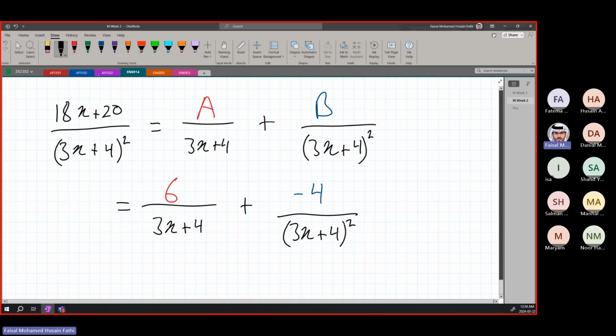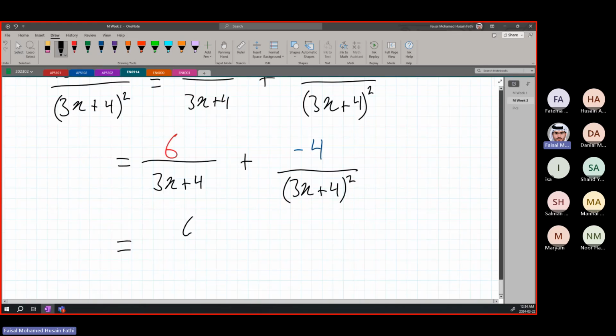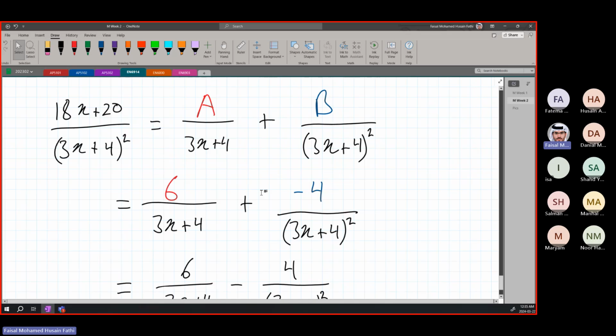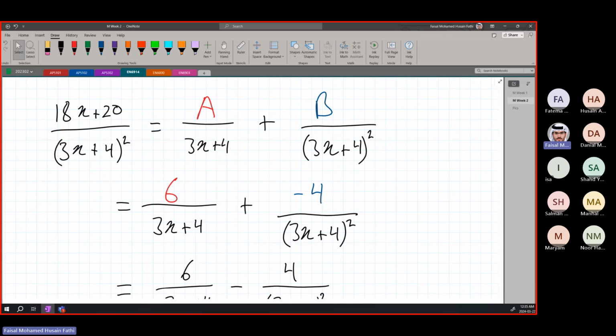Of course, plus or minus becomes minus. So just to simplify it again, it's going to be 6 over 3x plus 4 minus 4 over 3x plus 4 squared. And this is how you simplify if you have the case of repeated linear roots. Okay? Any questions so far?